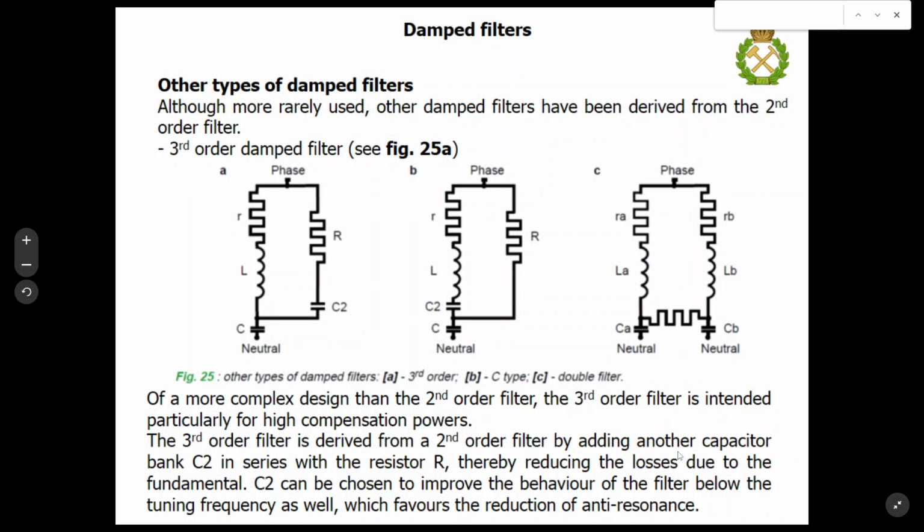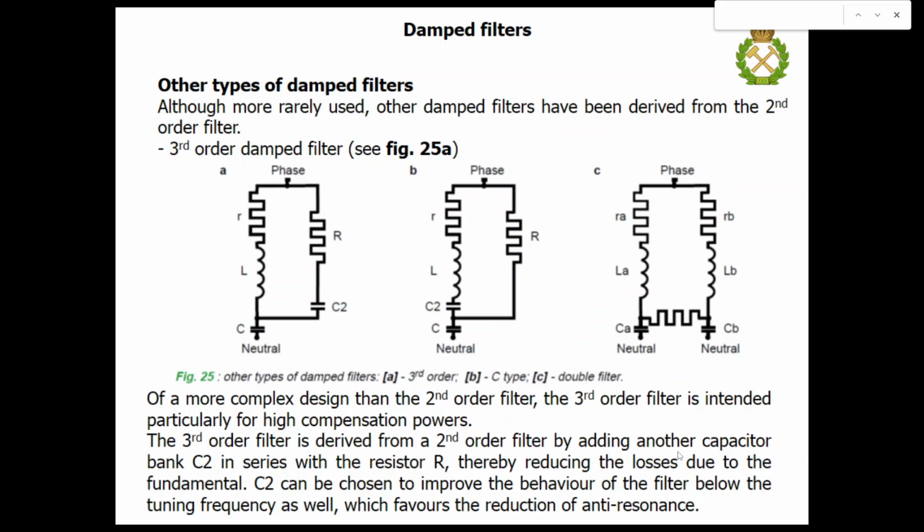Also here you may see more difficult topologies of such filters. For example, third order damped filters and other topologies, the C-type filter and the double filter. These topologies are complicated and intended for application in different power installations according to the harmonic spectrum.